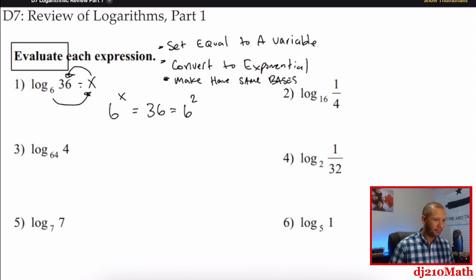Right, so they both have the same base. And when they have the same bases, you can set the exponents equal to each other. In this case, x would be equal to 2. So log base 6 of 36 is equivalent to 2. In this case, x is equal to 2.